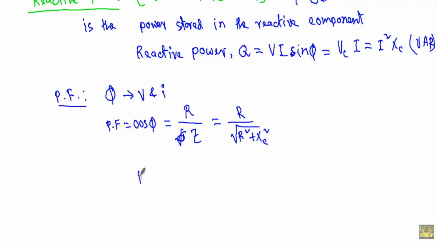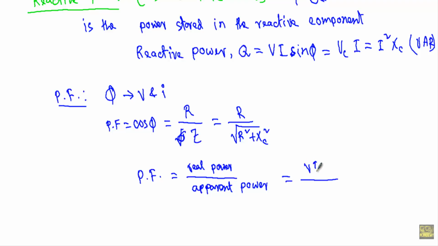Or if I know the value of real power and the apparent power, I can easily calculate power factor. Here real power will be given by VI cosine phi, and the apparent power is given by VI.